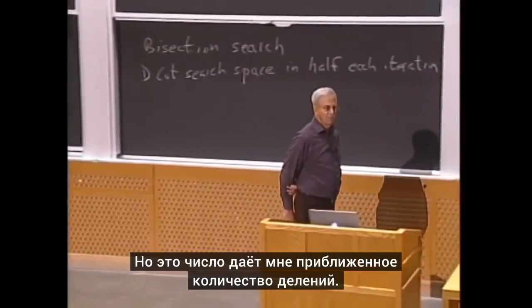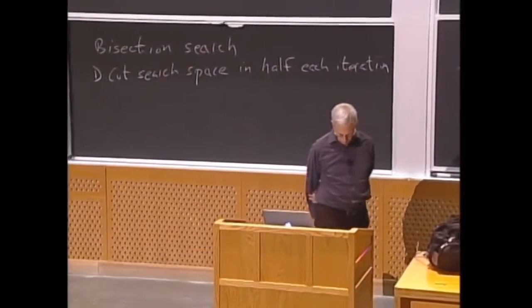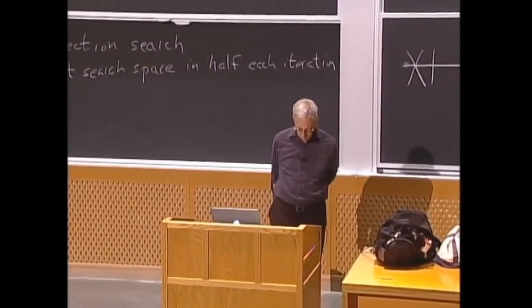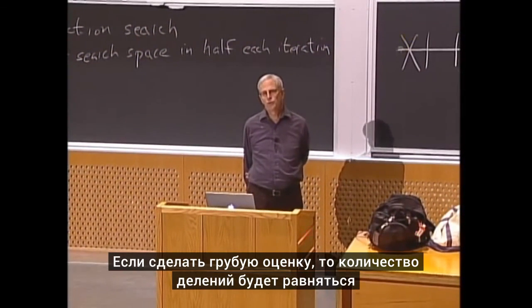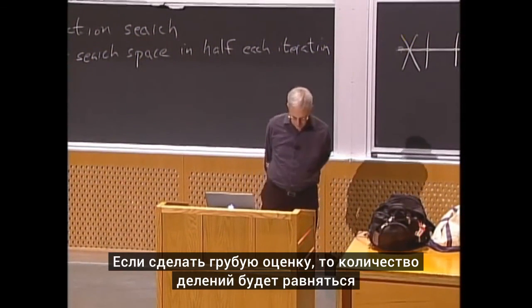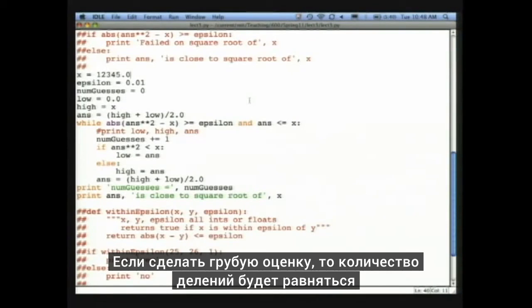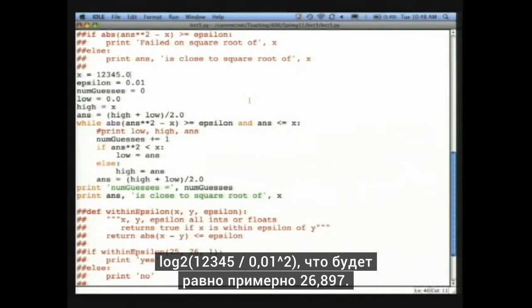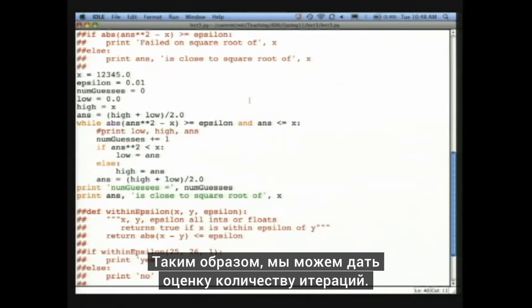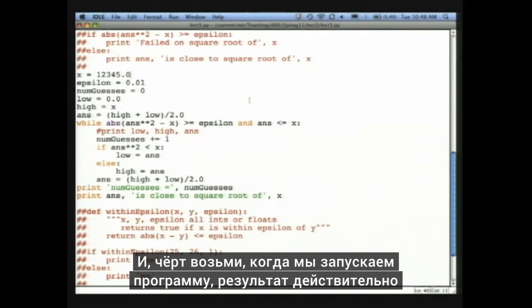But that tells me roughly how many I have. And so it's going to be roughly 1, 2, 3, 4, 5 divided by 0.01 squared, which turns out to be 26.897, more or less. So we could predict it, and son of a gun, when we ran it, we actually matched the prediction.